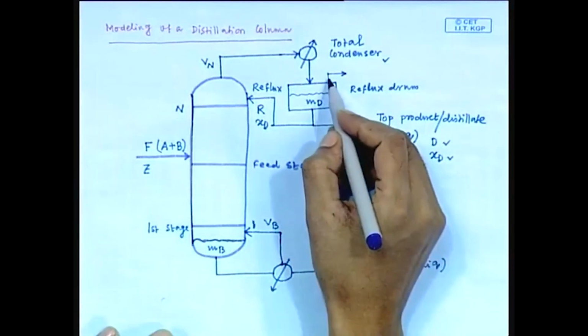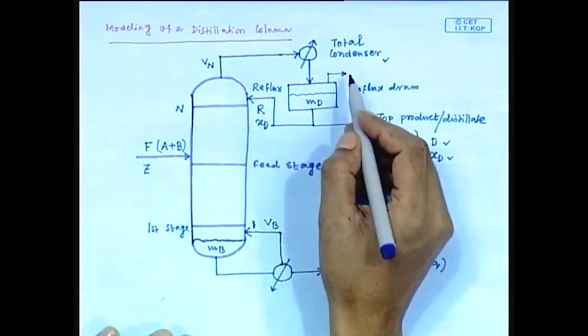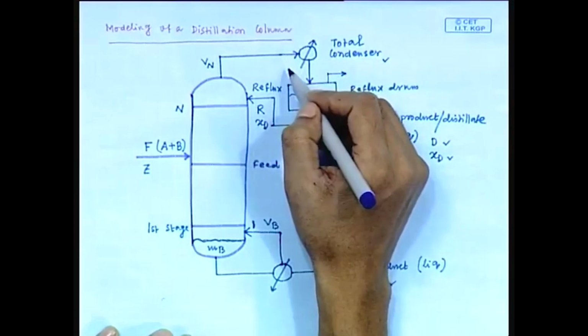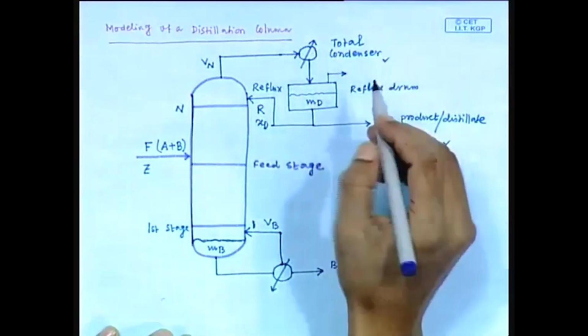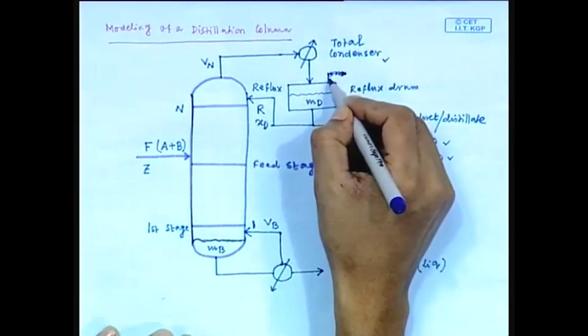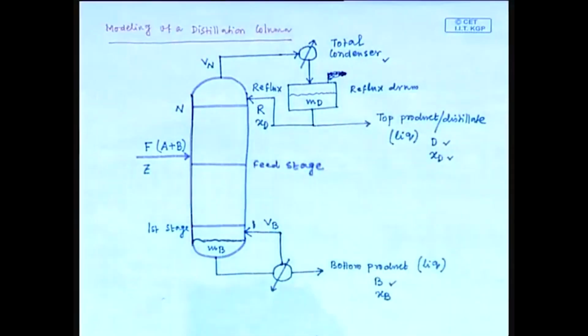But here we are considering it is a total condenser. So, there is no overhead vapor withdrawal. Fine. So, this is all about the description of the distillation operation.